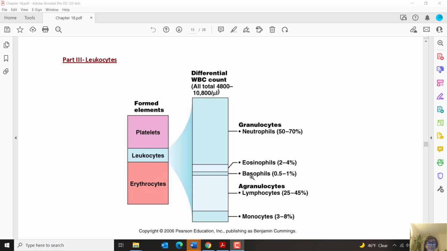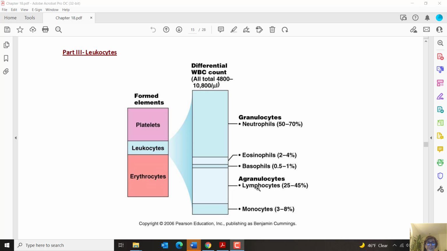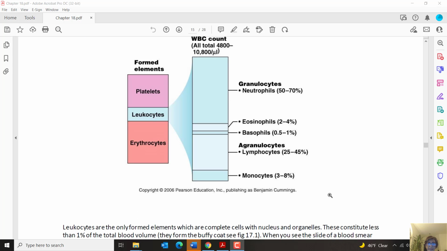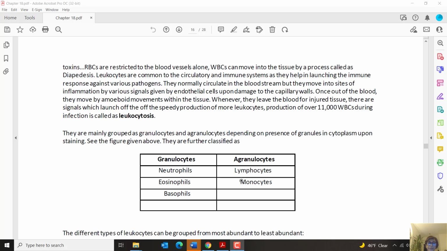If they accept the basic stain, which is blue in color, those are basophils. And if they accept both, they're called neutrophils. Lymphocytes and monocytes do not have the granules, and we have other ways of identifying them, so we divide them as granulocytes and agranulocytes.